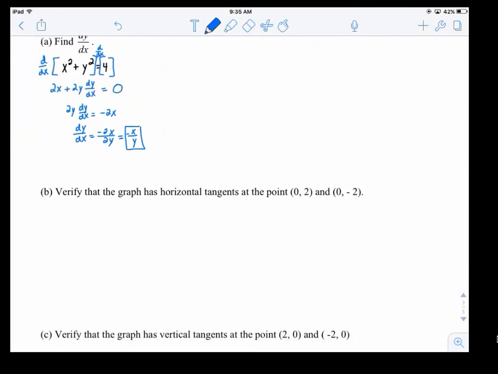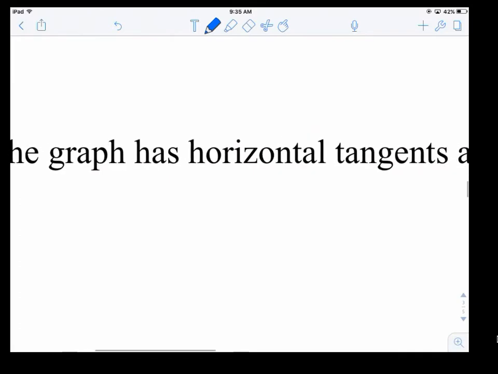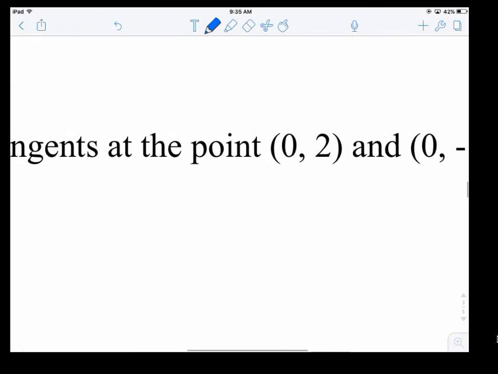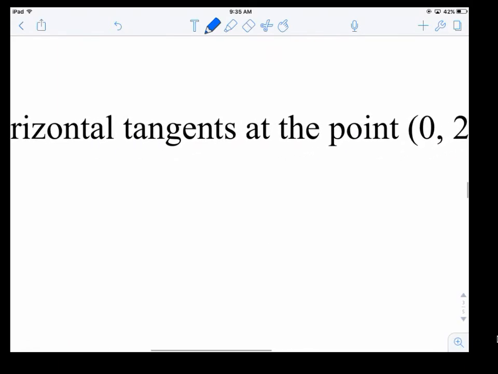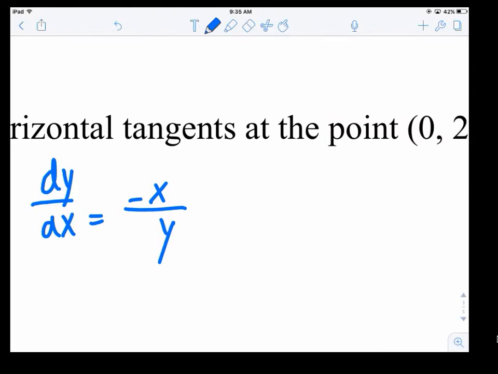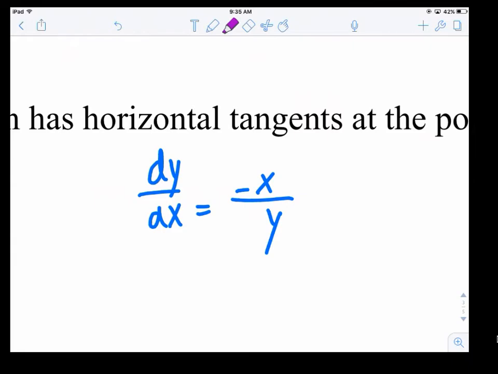Okay, so it says verify that the graph has horizontal tangents at (0, 2) and (0, negative 2). All right, so if it's asking us for horizontal tangents, that means which part of my derivative do I want to work with?